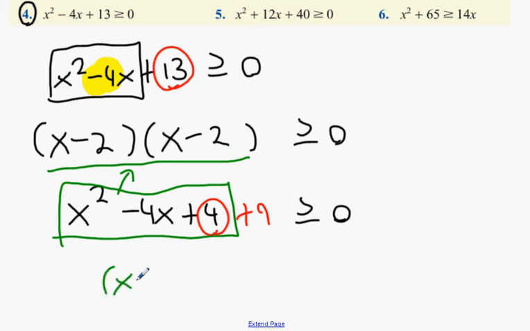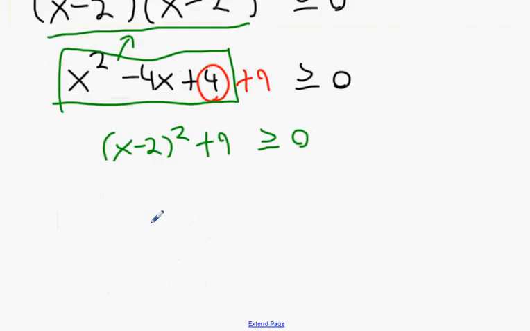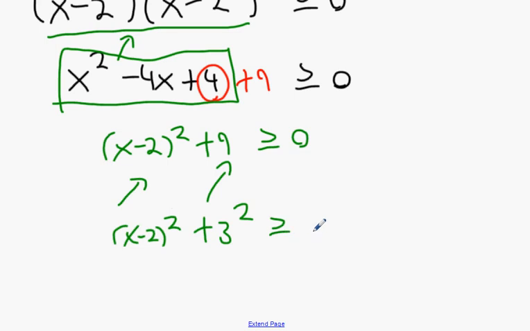So I change it back into x minus 2 squared plus 9. Can anybody tell me why this is always bigger than 0? Sorry? Squared and a plus 9. Or technically speaking, you could always think about changing 9 into 3 squared if you wanted. And you say, look, that's also a plus a squared number as well. But that's unnecessary. You have to do this part.